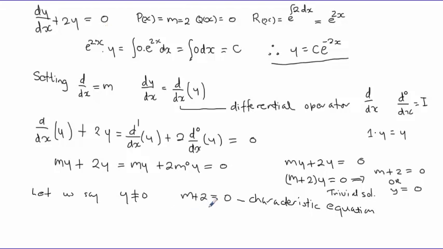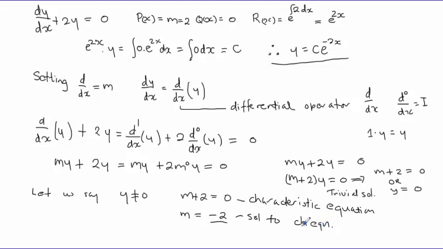And then note that if we solve this characteristic equation, we arrive at the fact that m is equal to minus 2, which is actually the same number which appeared there, minus 2. And here it sits as a solution to the characteristic equation.